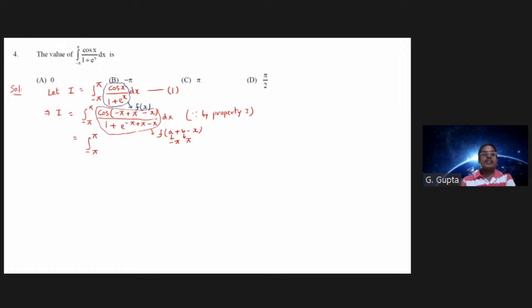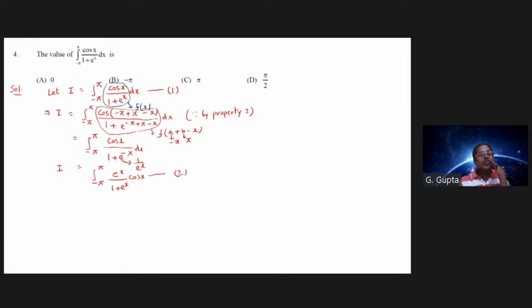Cos minus theta is cos theta, that is, you will be getting cos x. Denominator 1 plus e to the power minus x. So this is equal to e power minus x, I can write 1 upon e power x. By taking LCM e power x, that second denominator shifting into numerator. So minus pi to plus pi e power x divided by 1 plus e power x into cos x. So this is I. Let us denote this as equation 2.